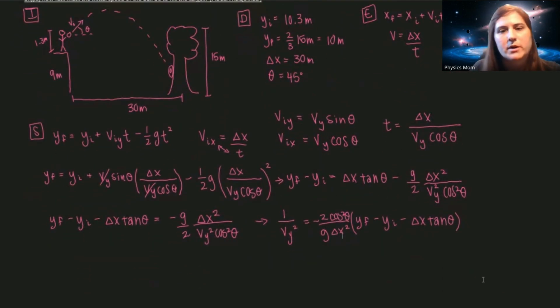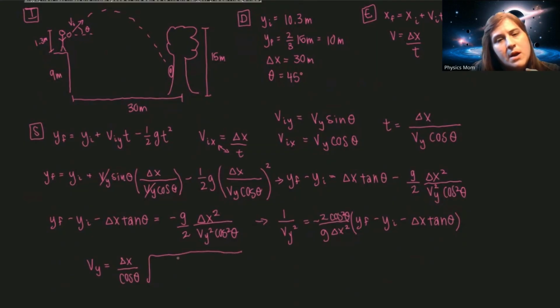I'm going to scroll down a little bit, running out of room. I get v as equal to delta x over cosine theta, and then all under this square root, you can kind of write it like this: g over 2 times y final minus y initial minus delta x tangent theta.